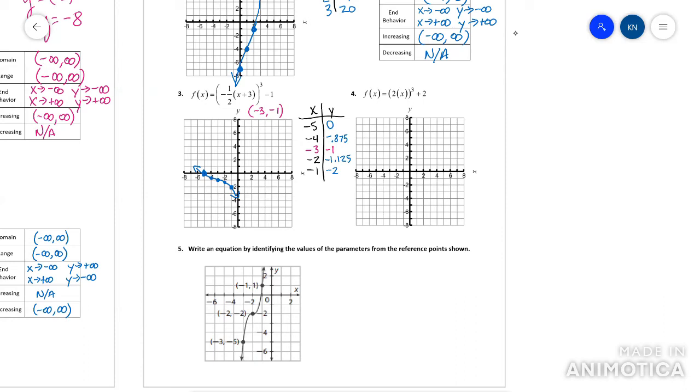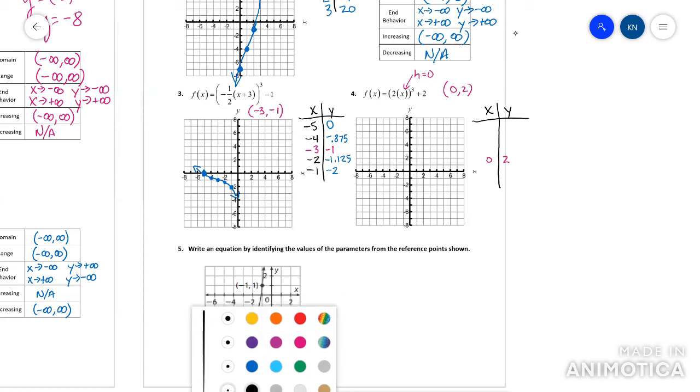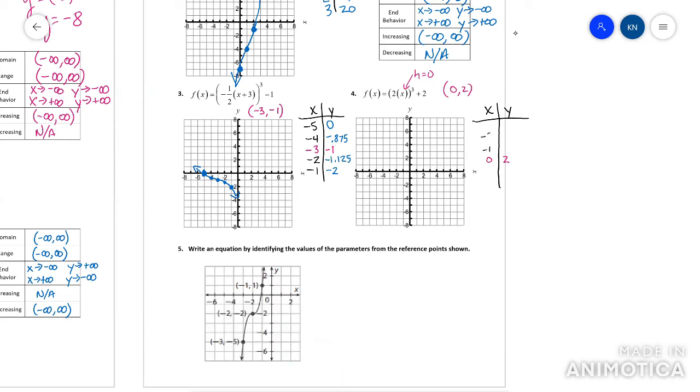Okay, this next one. Start your XY table. Go get your point of inflection, which there's no shift here, so your H is 0. So this one's at 0, 2. That's what's going to go in the middle of my table. Work your way backwards, so -1, -2, forwards 1, 2.